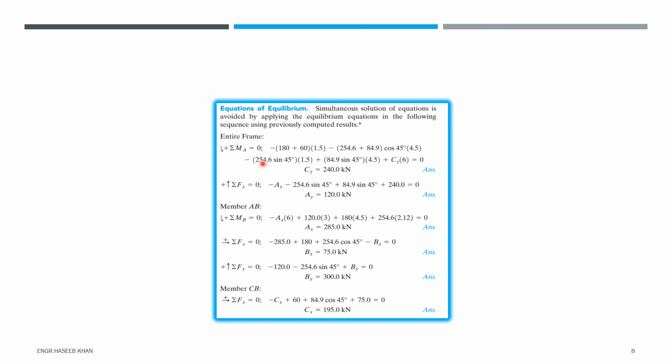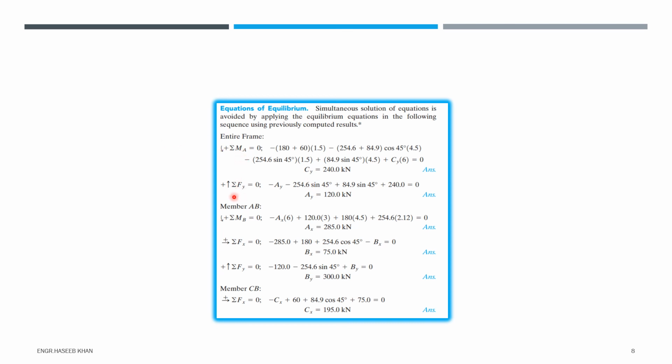We have the moment due to 180 kilonewton, the moment due to 60 kilonewton, the moment due to 254.6 and 84.9 kilonewtons, and also the vertical components of these forces cause some moments as well. So we find Cy from the summation of moment at A.